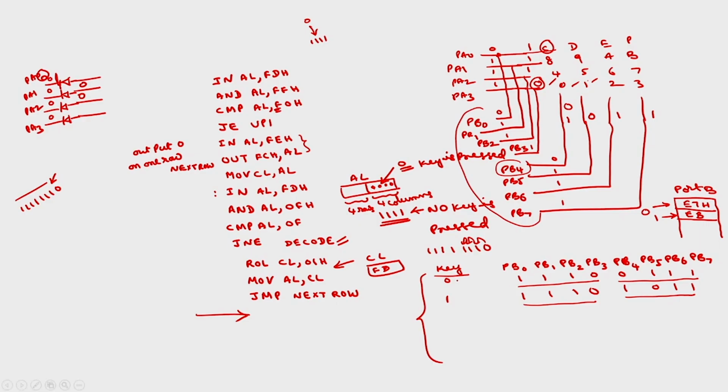For the 0 press, this will be 1110, because the 0 key is present in this row and column. What is the hexadecimal equivalent of this? If I receive this, it means there is a 0 key press. So the code will be E7. Corresponding to 1, this will be EB.